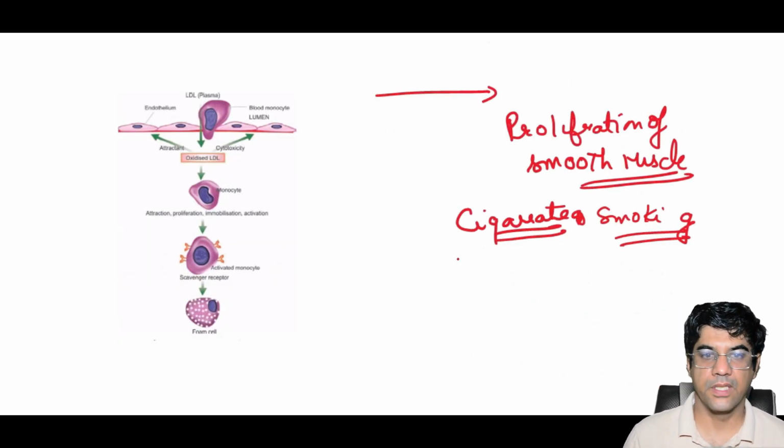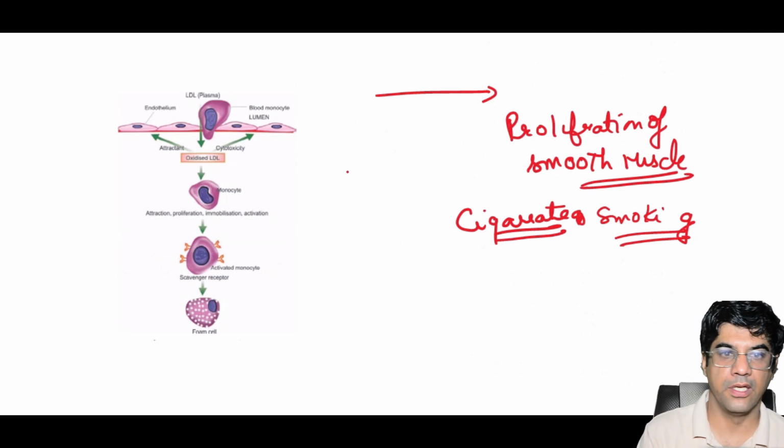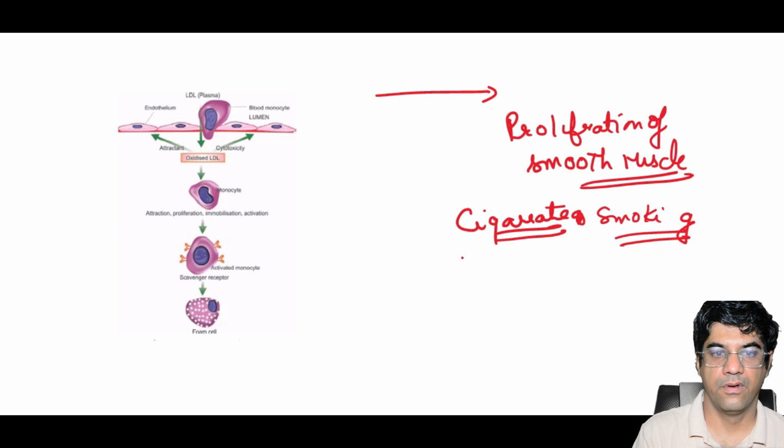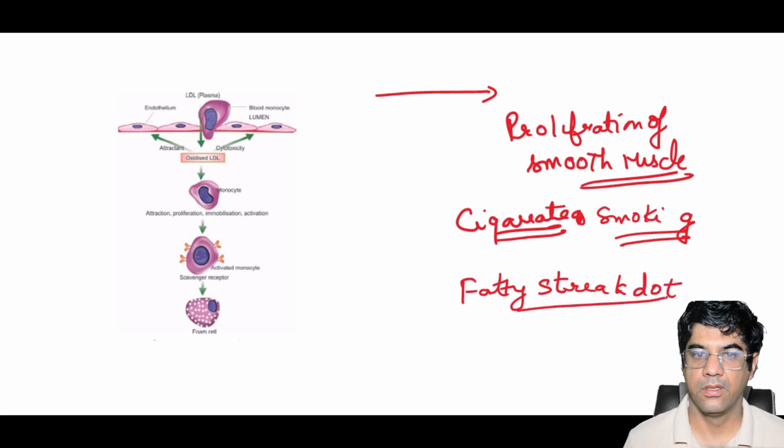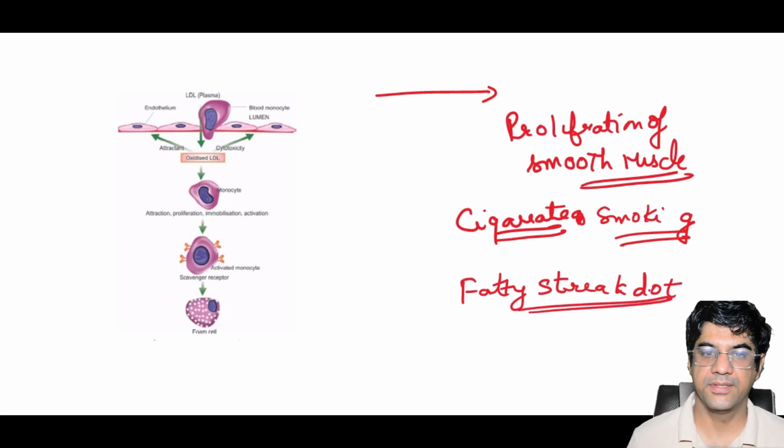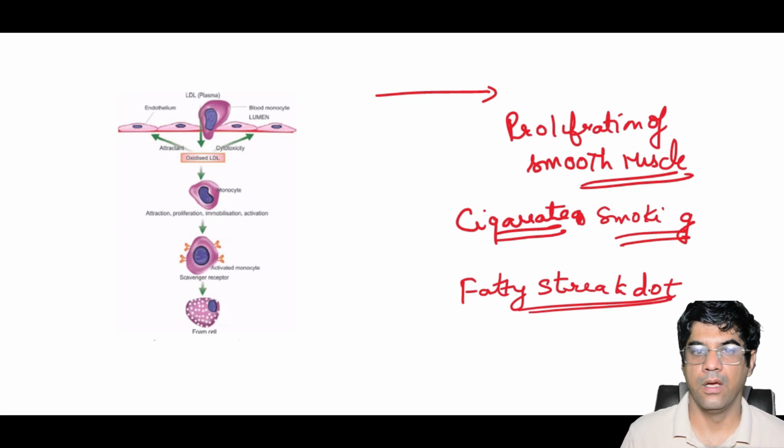Now, what are the morphological features of atherosclerosis? Let us discuss that. First of all, there would be fatty streaks and dots on the inner lining of the arteries, that is the lining of the intima.